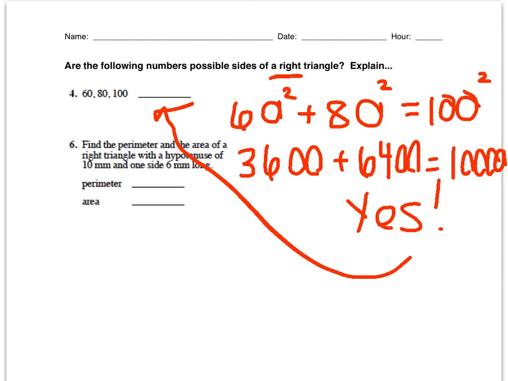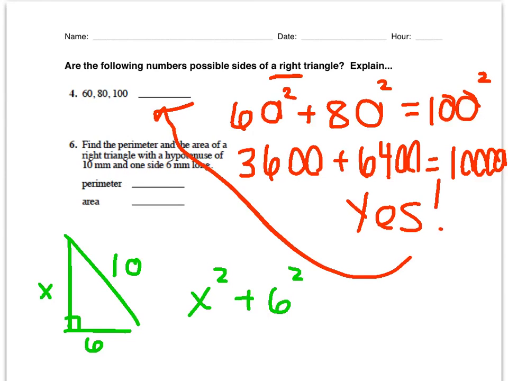Finally, the last one, find the perimeter and the area of a right triangle. Right triangle, I'll use a different color here. Right triangle that has a hypotenuse of 10 and one side is 6. Well, to get the perimeter and the area, we need to solve for this missing side, which I just labeled x. Since it's a leg and not a hypotenuse, we need to do x squared plus 6 squared equals 10 squared.